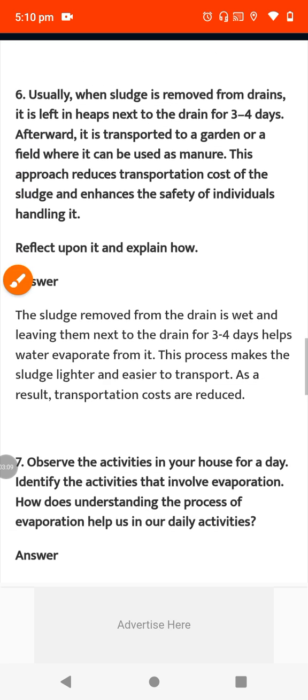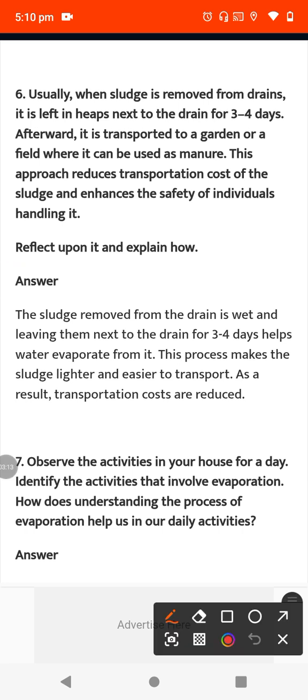Next question is, usually when sludge is removed from the drain, it is left in heaps next to the drain for 3 or 4 days. Afterward, it is transported to a garden or a field where it can be used as manure. This approach reduces transportation cost of the sludge and enhances the safety of individuals handling it.